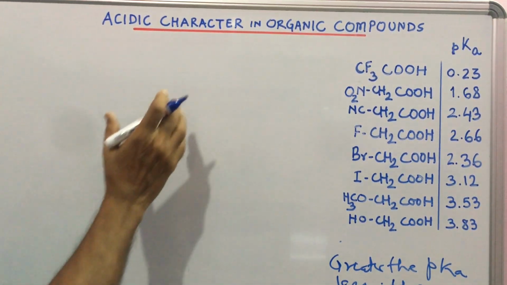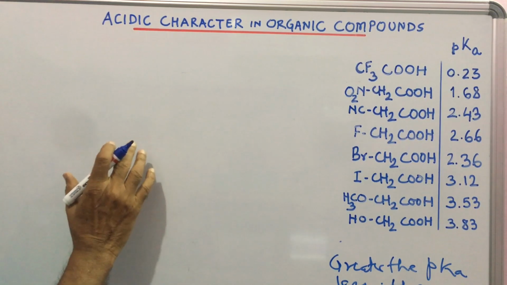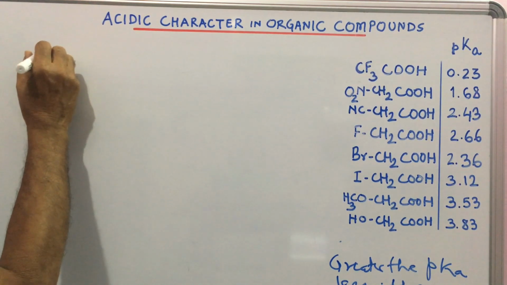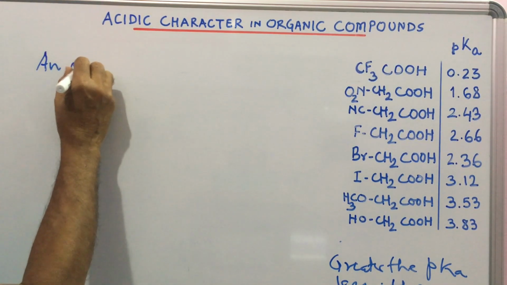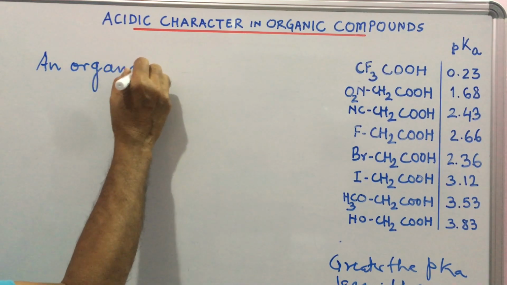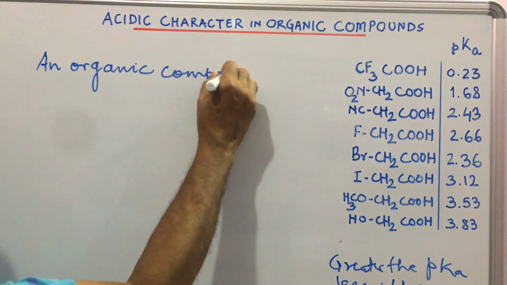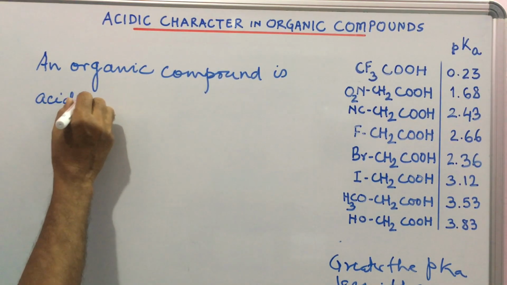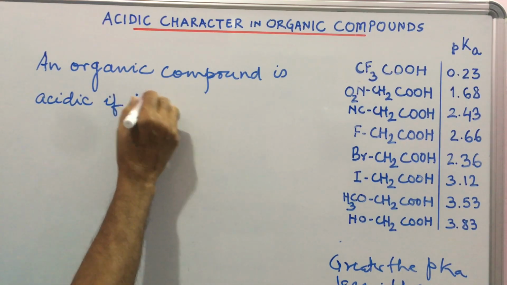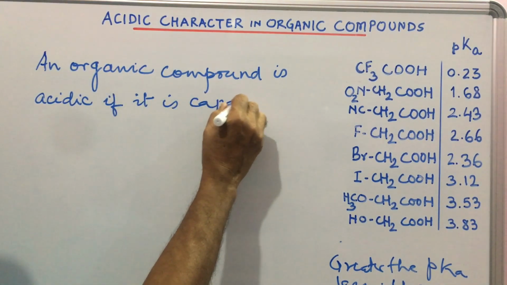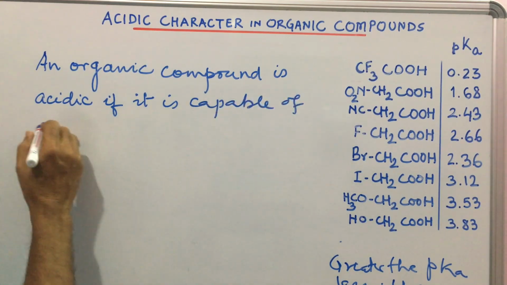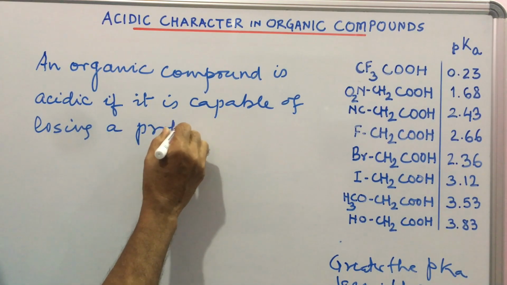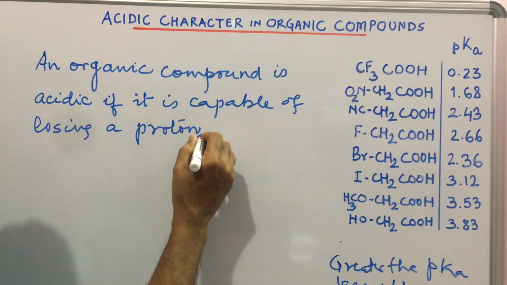We now take organic compounds and discuss what brings acidity in them. So, you remember always that an organic compound is acidic if it is capable of losing a proton. When will this be capable?